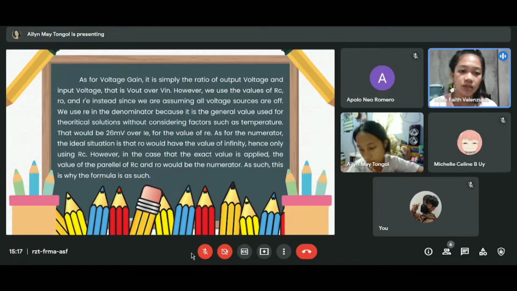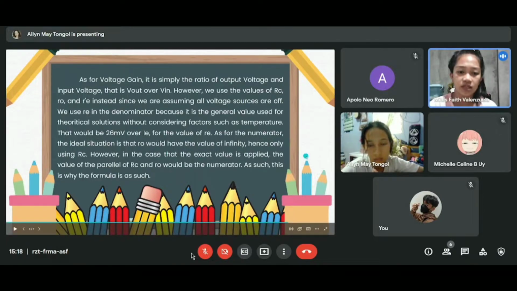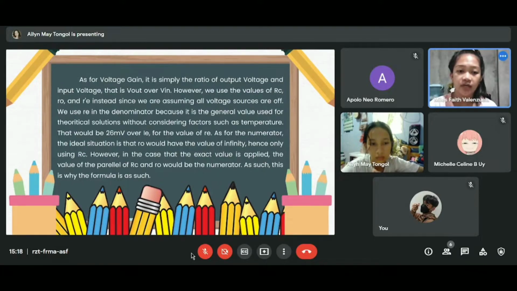That would be 26 millivolts over IE for the value of Re. As for the numerator, the ideal situation is that Ro would have the value of infinity, hence only using Rc. However, in the case that the exact value is applied, the value of the parallel of Rc and Ro would be the numerator. As such, this is why the formula is as such.